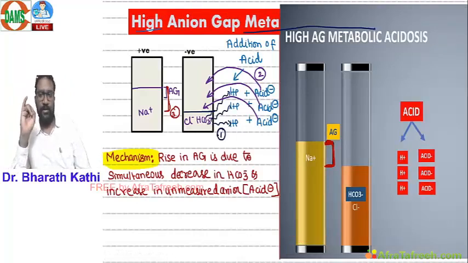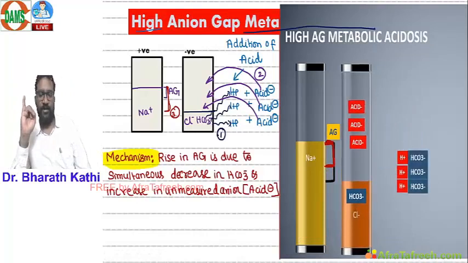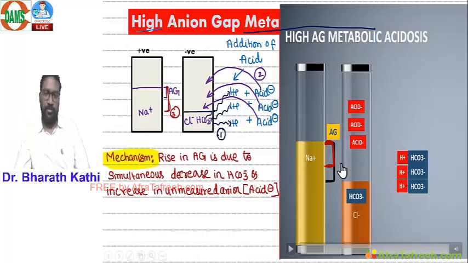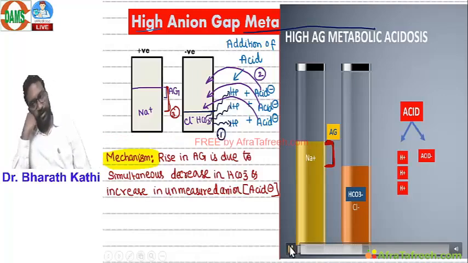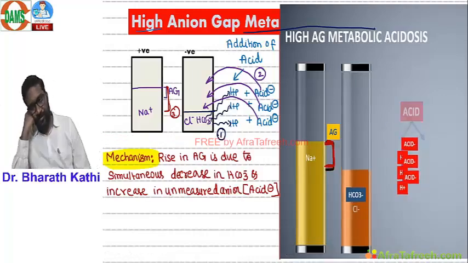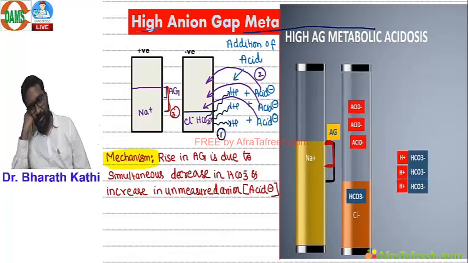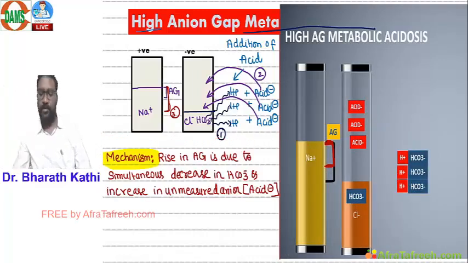Bicarbonate getting consumed as buffer, acid anion being added, both put together causing an increase in anion gap. Previously only this much was the gap, now it has increased. See once again, bicarbonate consumed as buffer, acid anion added, both put together increasing the anion gap.